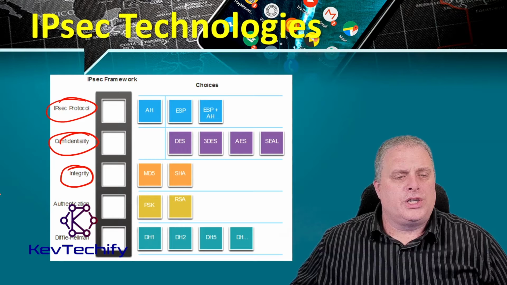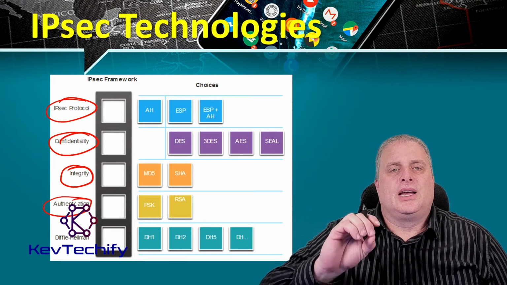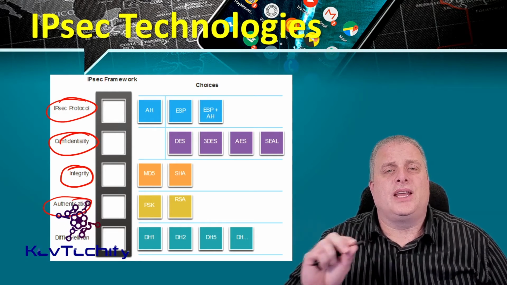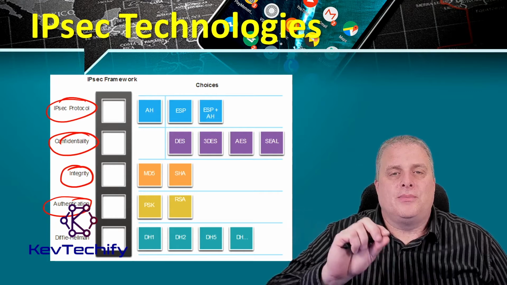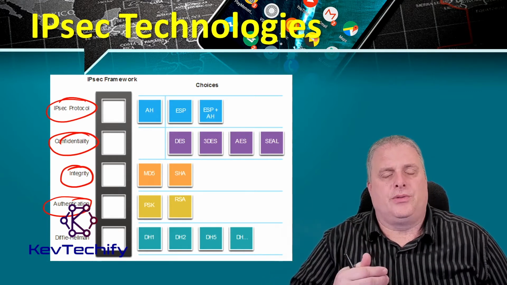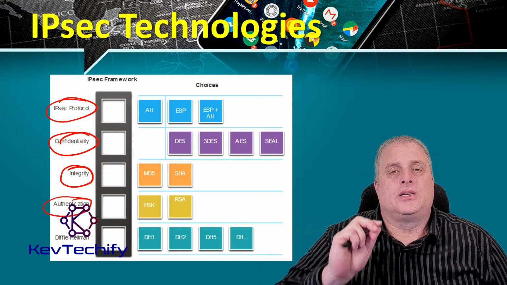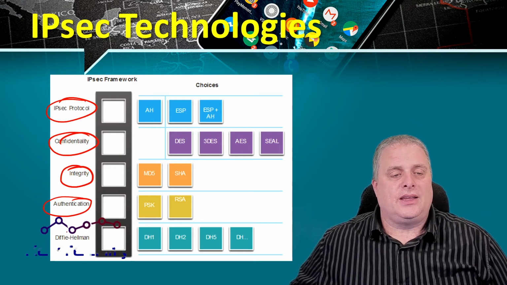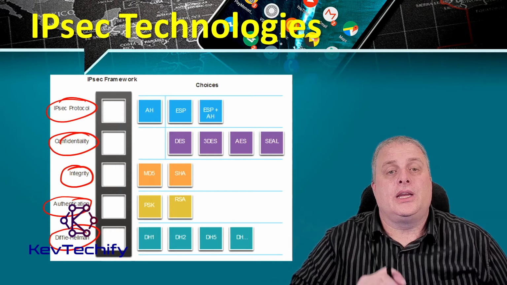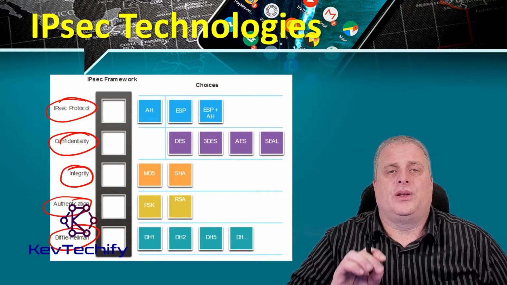Then we have origin authentication. IPsec uses IKE, the Internet Key Exchange protocol, to authenticate source and destination. Methods of authentication include using pre-shared keys, which are typically referred to as passwords, digital certificates, or RSA certificates. And then finally, we have Diffie-Hellman. This is used for the secure key exchange, typically using various groups of Diffie-Hellman algorithms.